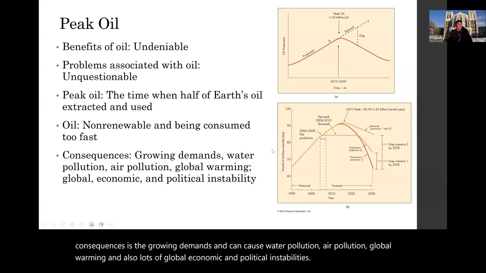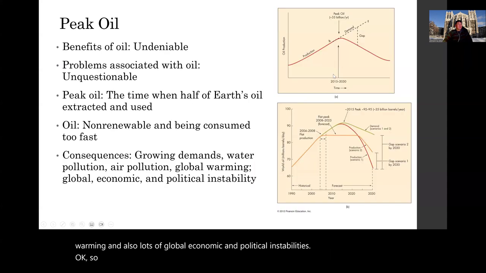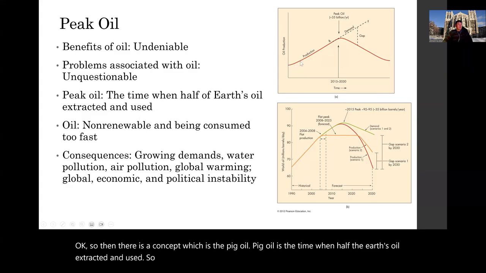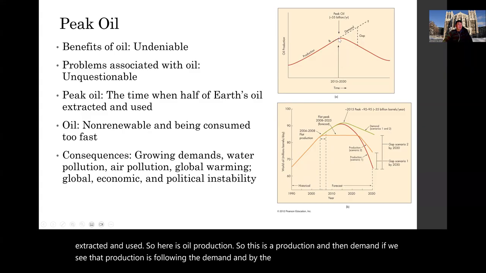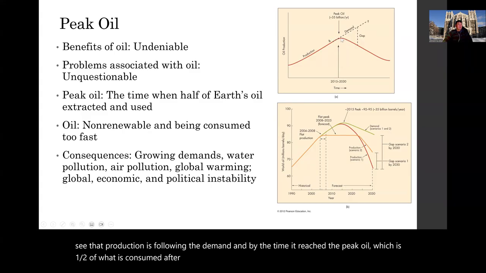Okay. So then there's a concept, which is peak oil. Peak oil is the time when half of the Earth's oil has been extracted and used. So here is the oil production, and then demand. We see that production follows the demand, and by the time it reaches peak oil, which is half of what is consumed, after that the production can decrease.